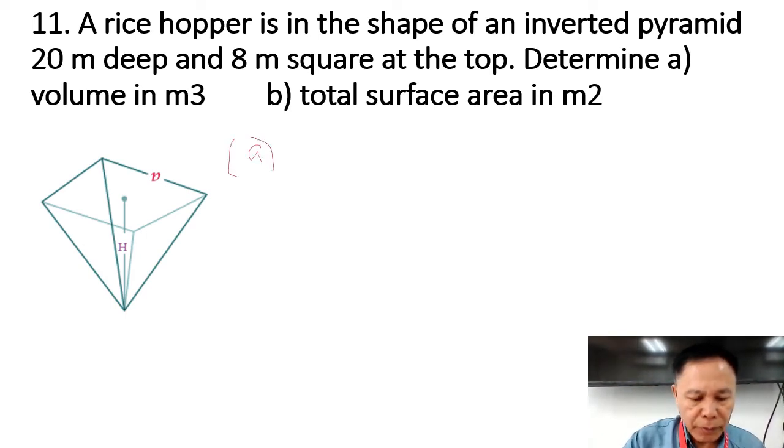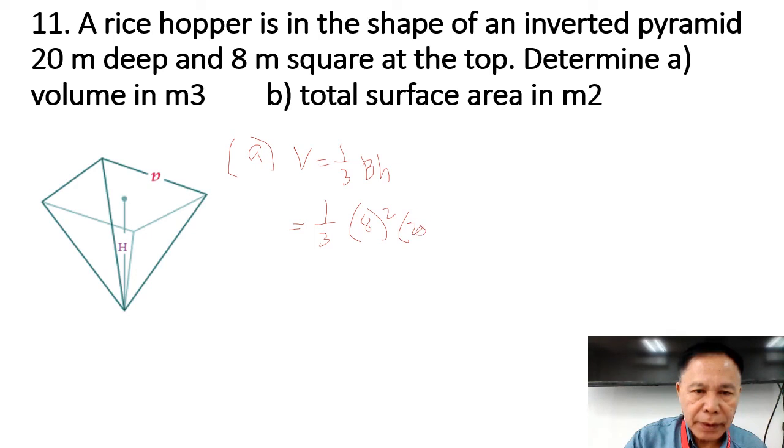So volume equals 1/3 base times height, equivalent to 1/3 times your base, 8 squared, times your height, 20. So this would be equivalent to 426.67 cubic meters.